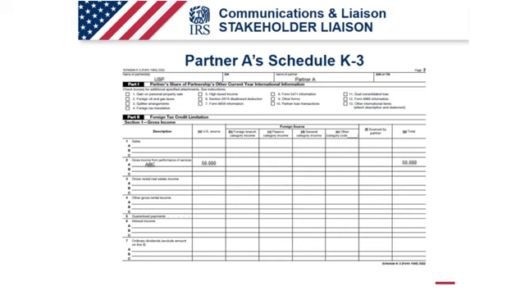For this purpose, you're looking to Part 2, gross income, line 2, which is going to show you your share of the U.S. partnership's U.S. source income of $50,000.